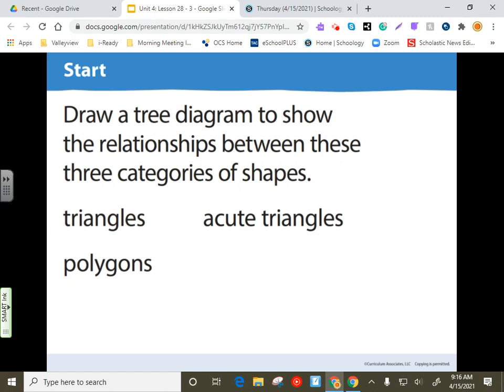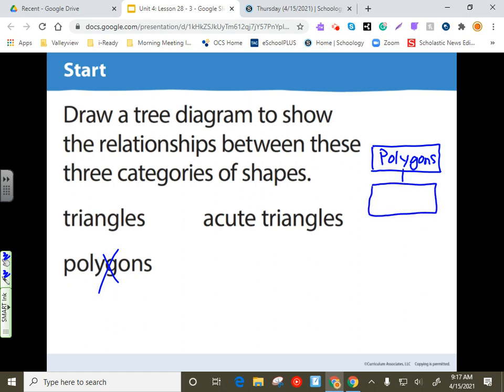I've got triangles, polygons, and acute triangles. Since I know a polygon is a really general description of a shape that has straight sides and is enclosed, I start with that one. Ironically, I'm using a polygon to put the word polygon inside it. That leaves us triangles and acute triangles. Well, I know a triangle is just a three-sided figure. So that's next.